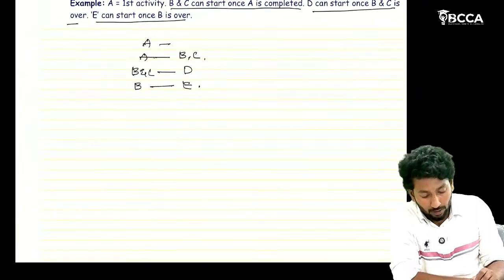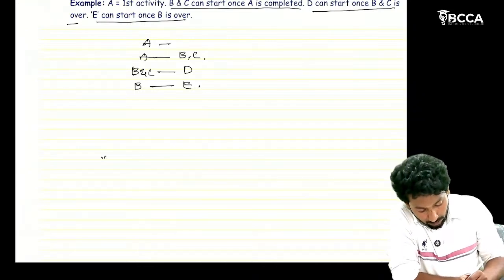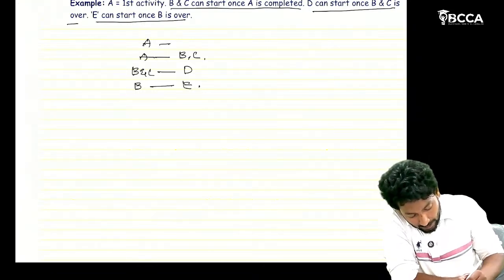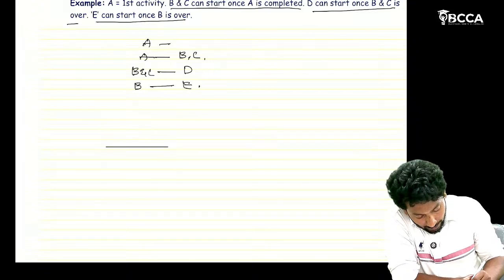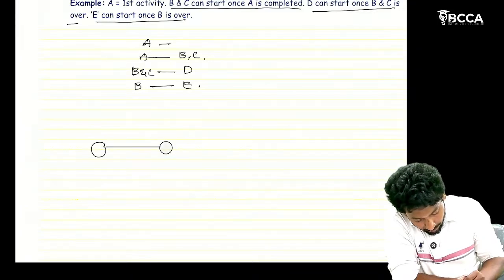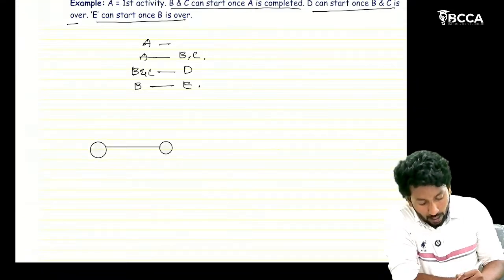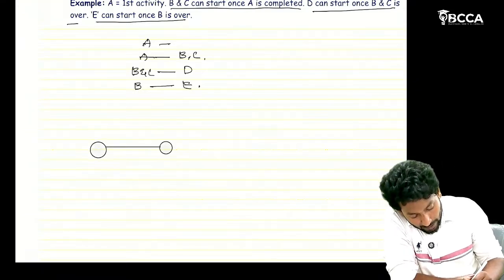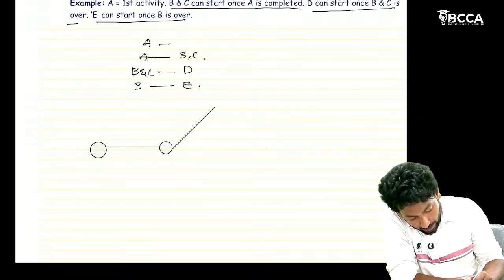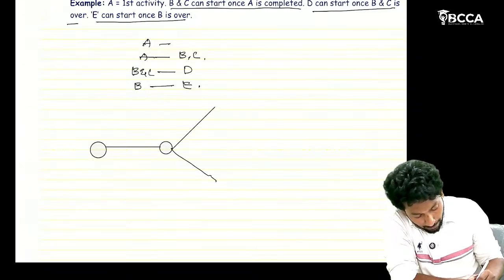See, for this, let us draw the network diagram. First activity is A, no? So that's why draw an activity A. Okay. After A ends, B and C can start. Yes, take B here and C here like this.